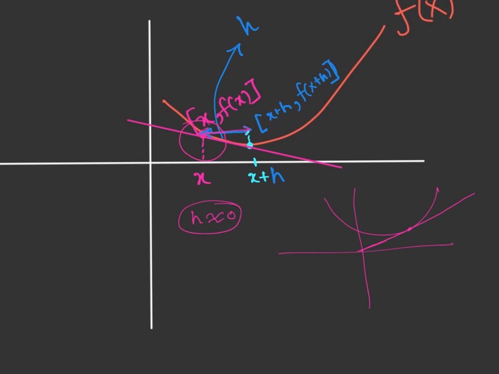So using the concept of limit that we have just learned a few moments back, we could say something like this. We could say the limit as h approaches 0 of the expression f of x plus h minus f of x divided by x plus h minus x.